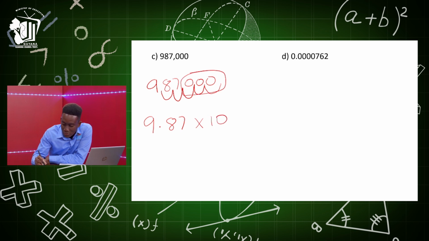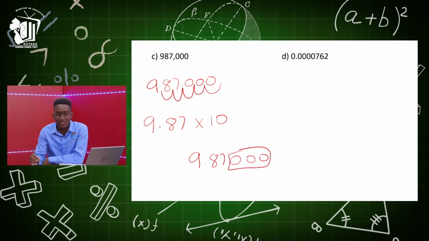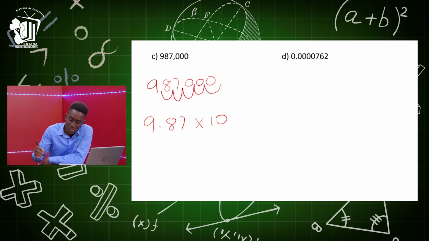It doesn't make sense for us to include the zeros and write 9.87000. These zeros have no value, so you can just leave them out. So this is 9.87 multiplied by 10 raised to the 5th power, since we moved 1, 2, 3, 4, 5, because 987,000 is obviously greater than 1.